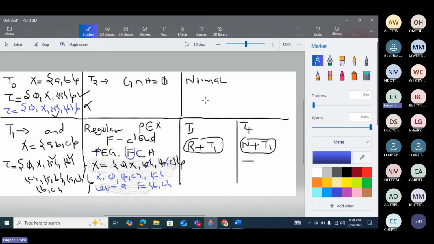Normal is the same thing, only that instead of a point, we pick two closed sets. Then we say we have two open sets such that one contains the first one and the other one contains the second closed set.